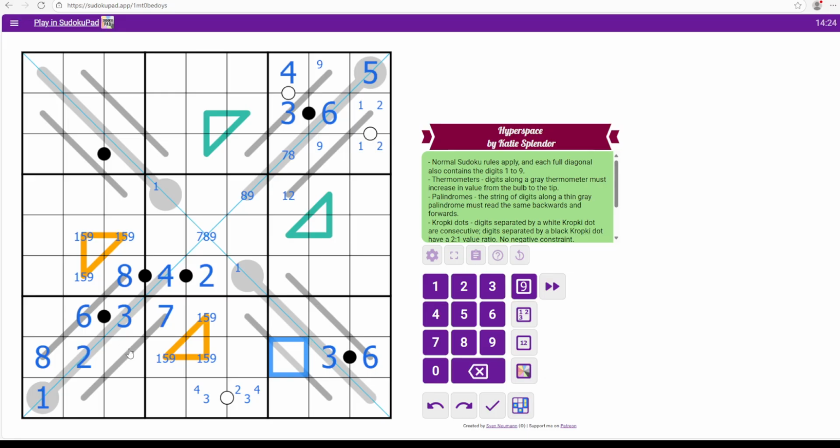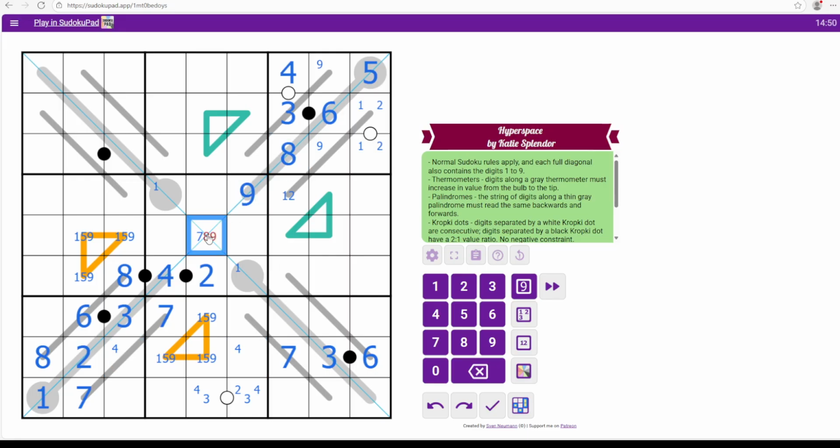Now 7 has to go there, which puts 7 there. We've got 4, 5, and 9 left. We know 4 is in one of those two in terms of row. Oh, that cannot be a 7, so that's an 8.